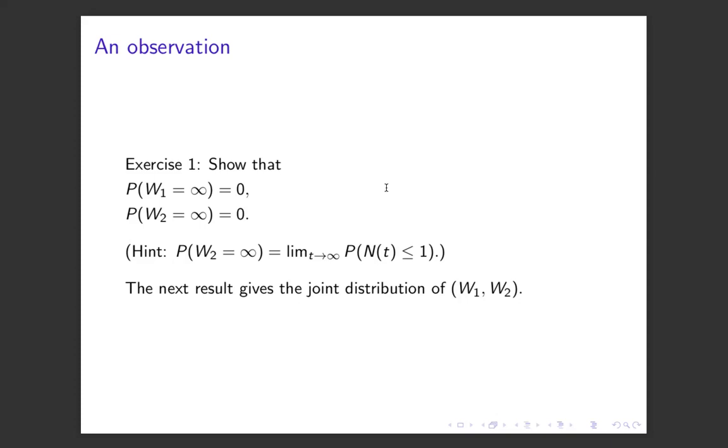So next, we want to look at, or find, the joint distribution of W1, W2. You know that W1 is less than W2. So that itself gives you some information.